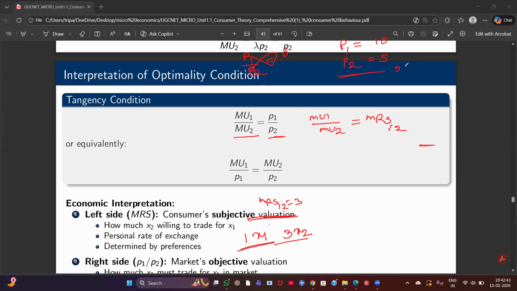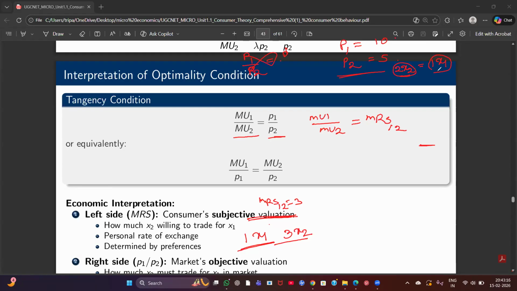Definitely, the market will exchange 2 units of the second commodity for 1 unit of the first commodity, because 1 unit of the first commodity priced at 10 rupees equals 2 units of the second commodity at 10 rupees. So this is how the market is ready to trade. The market is ready to give up 2 units of the second commodity for additional units of the first commodity. This P1 by P2 simply explains how the market is ready to exchange the two commodities.